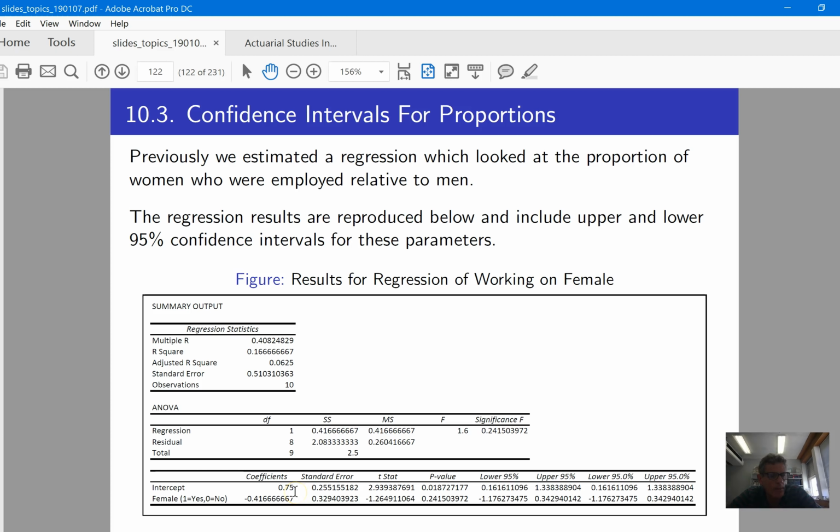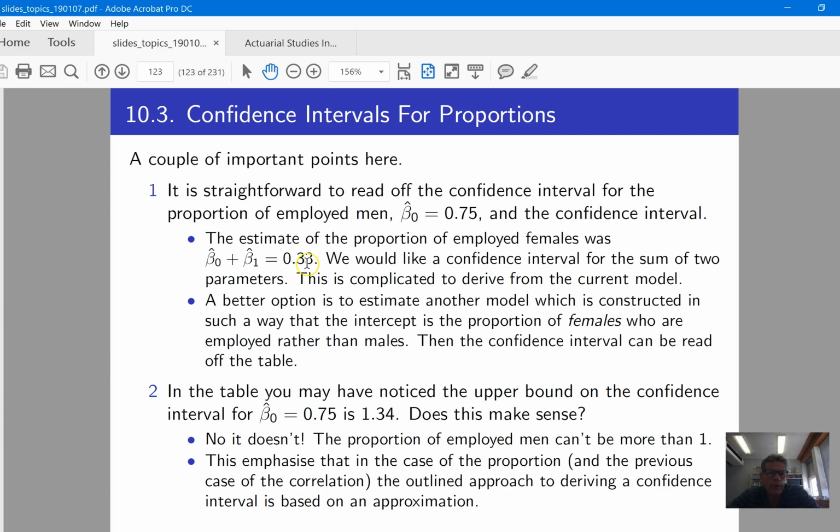The 0.75 always applies because it's the coefficient of the intercept, which applies for everybody. So 0.75 minus 0.41666 gives me 0.333, or 0.33. So this tells us that 33% of my sample of females were employed. So my estimate of the population parameter, the proportion of employed females, is 0.33.